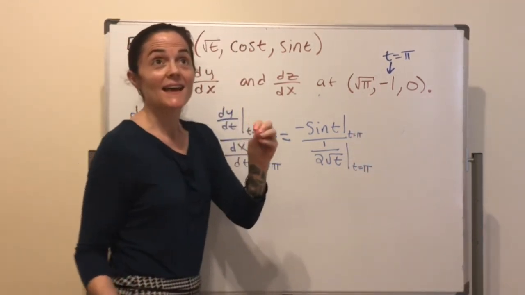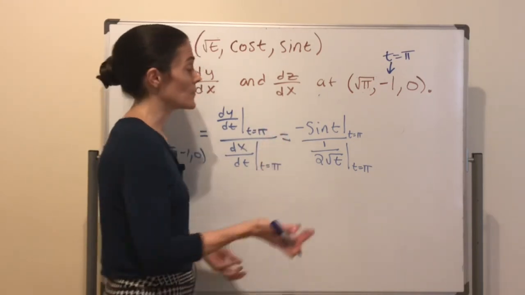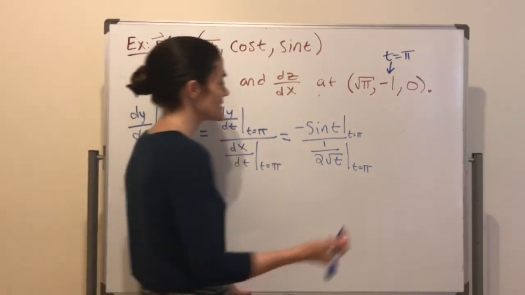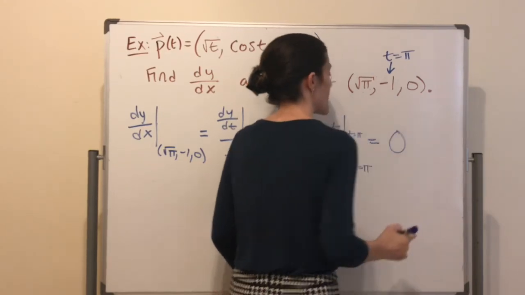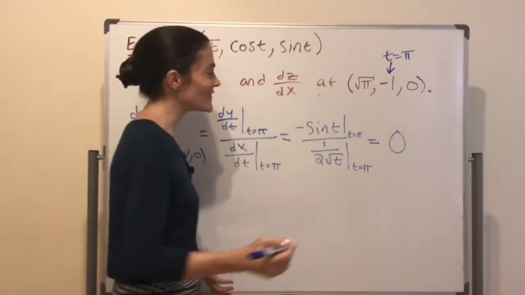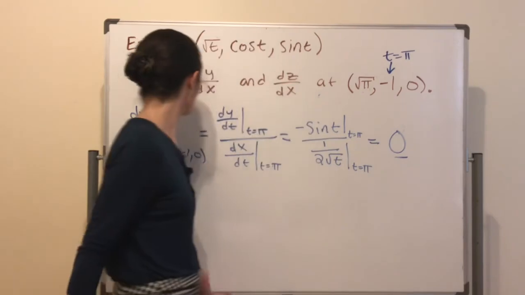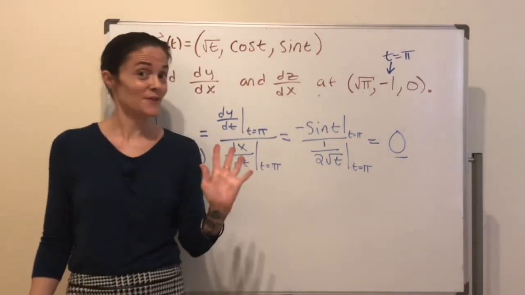Well, the sine of pi is 0, and the denominator is not equal to 0, so we have 0 over a number, we get 0. dy/dx is 0 here.